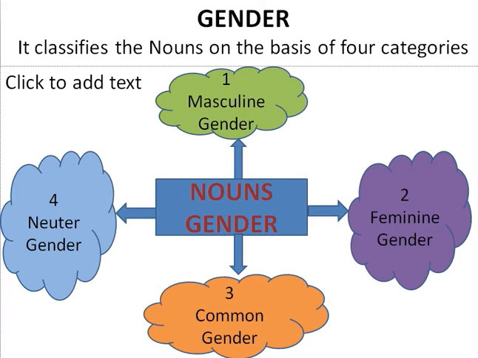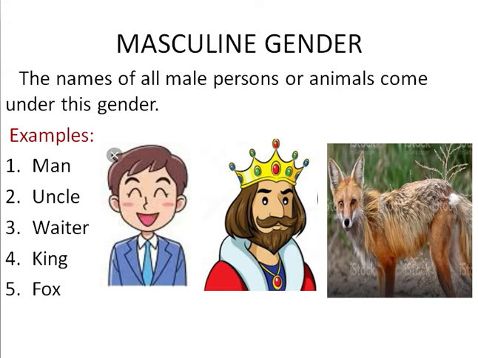When we talk about gender, it classifies the nouns on the basis of 4 categories: masculine gender, feminine gender, common gender, and neuter gender. So let's understand each of them one by one. Masculine gender. The names of all male persons or male animals come under this gender. Look at the examples: man, uncle, waiter, king, fox.